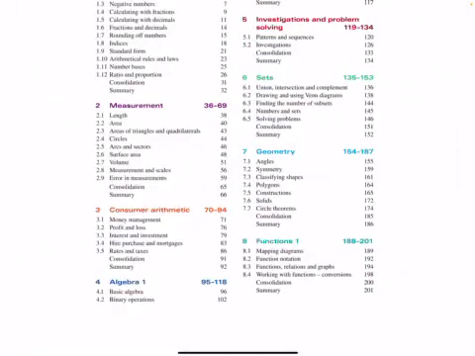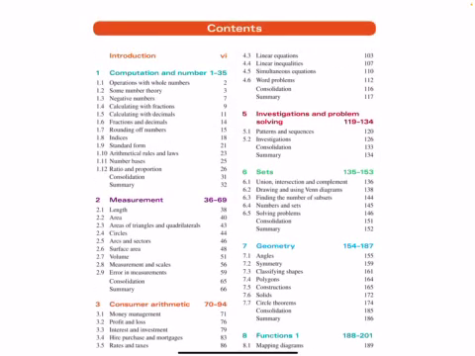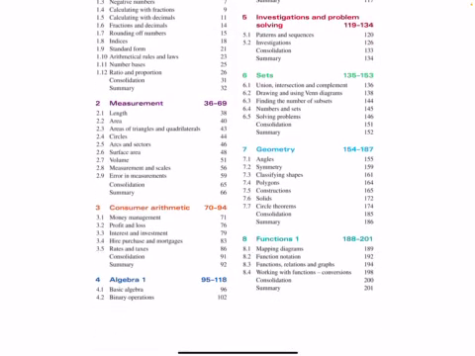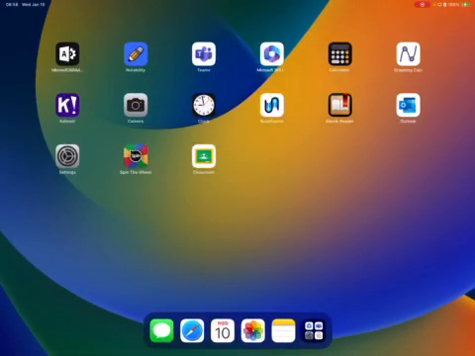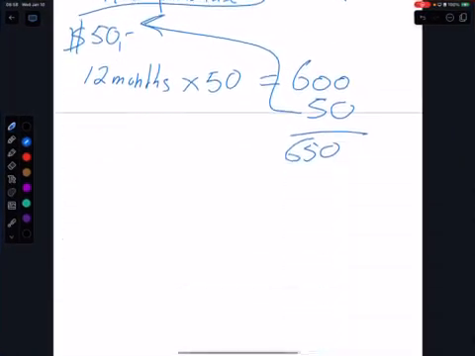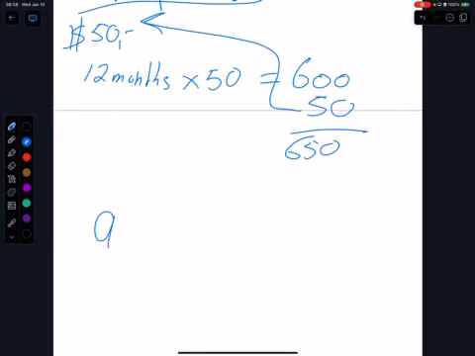Chapter 4. I think there's only one or two things in there. I think it's basic algebra and binary operations. Those two are in there. What are binary operations?